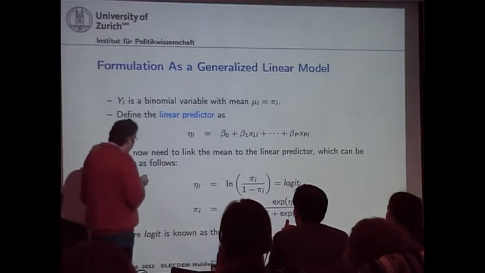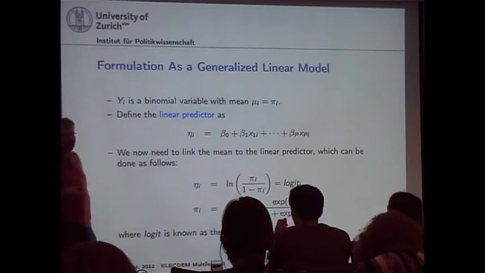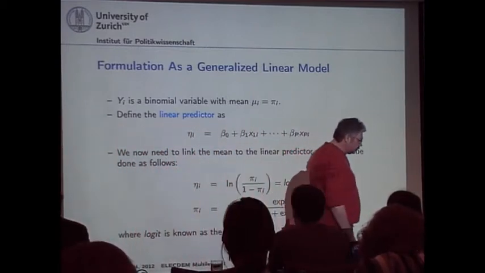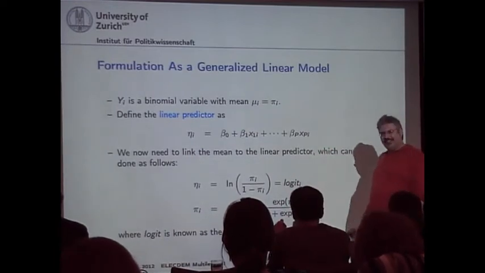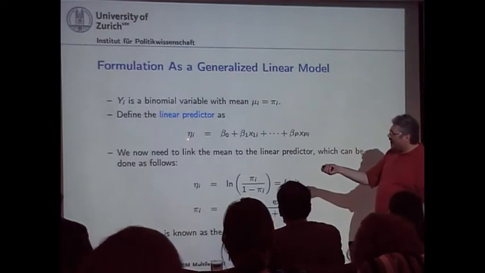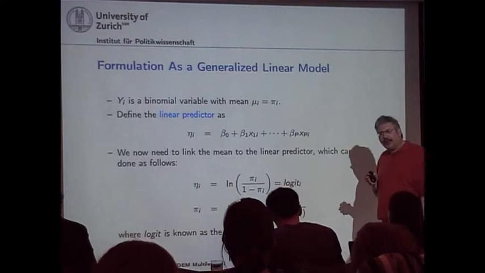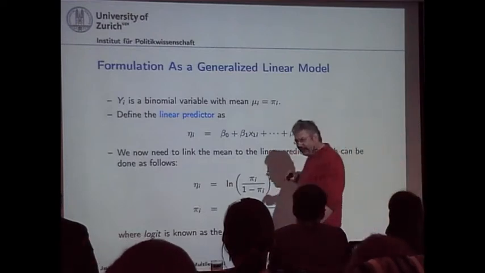Secondly, we need to introduce this concept of the linear predictor. That's also something that comes out of the generalized linear modeling literature. The linear predictor is sometimes indicated by eta. Eta here is not a latent variable, the way it was in the previous slide.